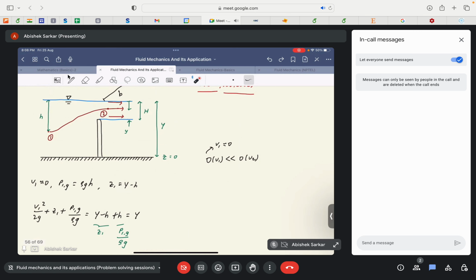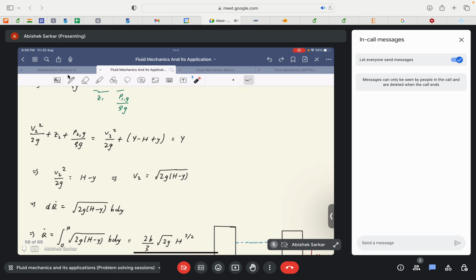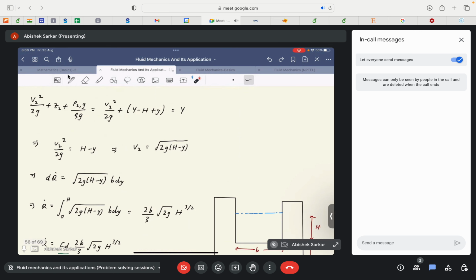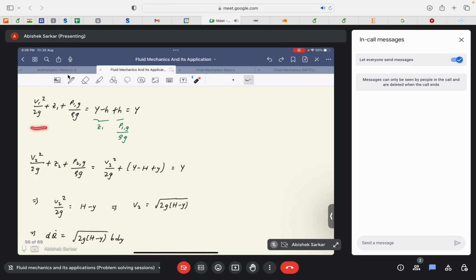So pressure at this point can ideally be taken as atmospheric pressure. So we have v2 square by 2g plus y minus h plus y is equal to capital Y, which is obtained from the first equation.